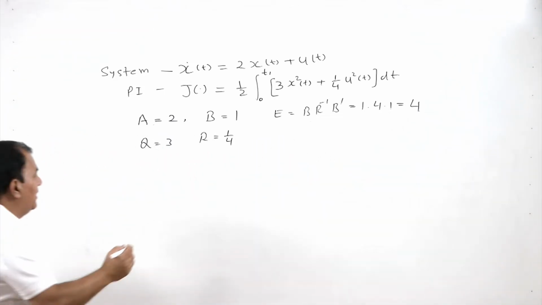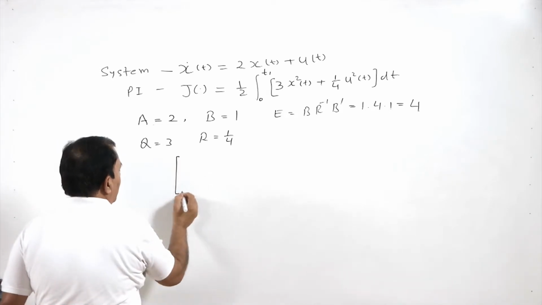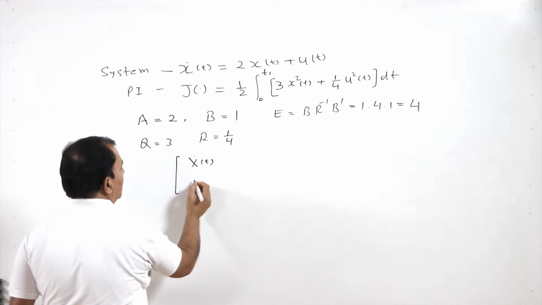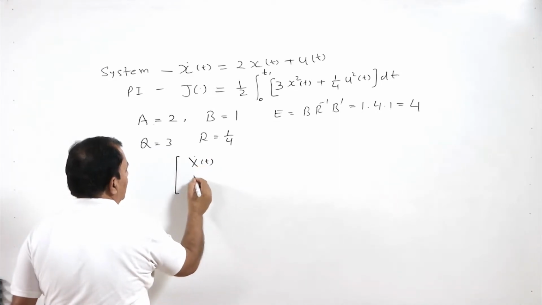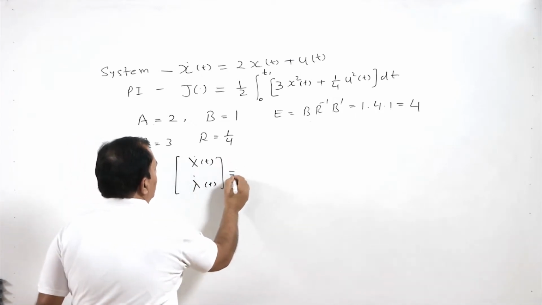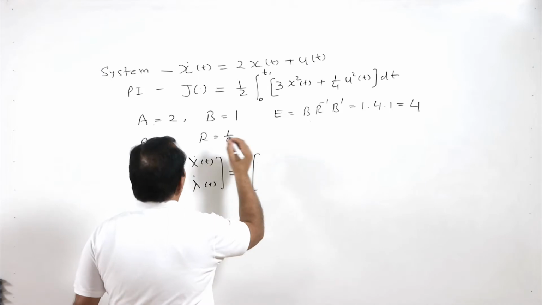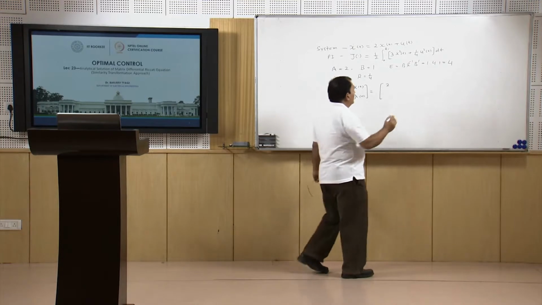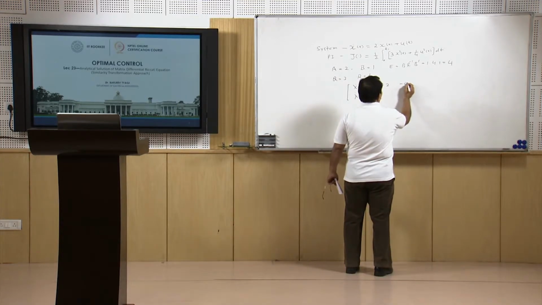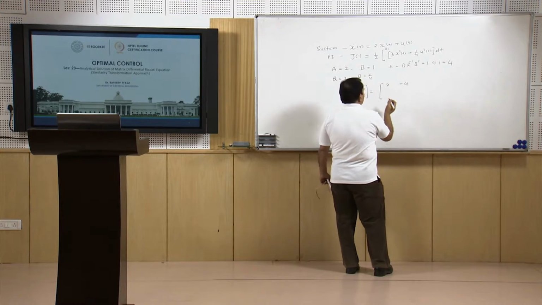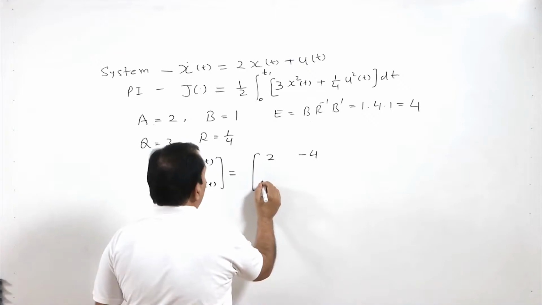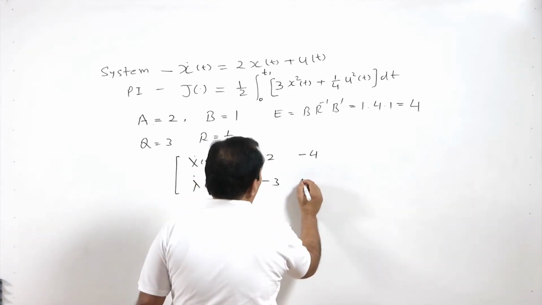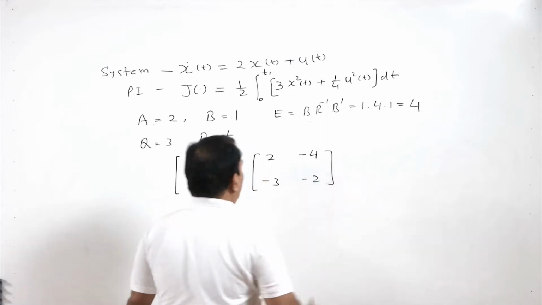If I write my Hamiltonian system, x dot(t), lambda dot(t) is equal to: A is 2, minus E is minus 4, then minus Q is minus 3, and minus A transpose is minus 2.